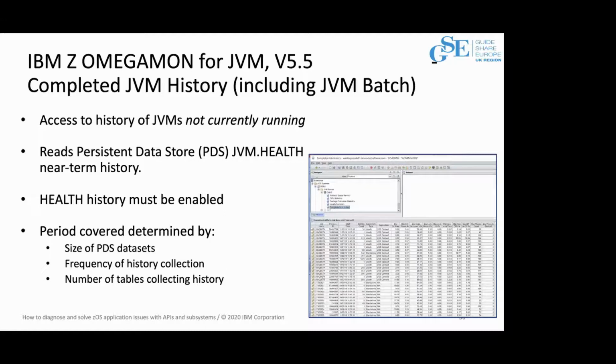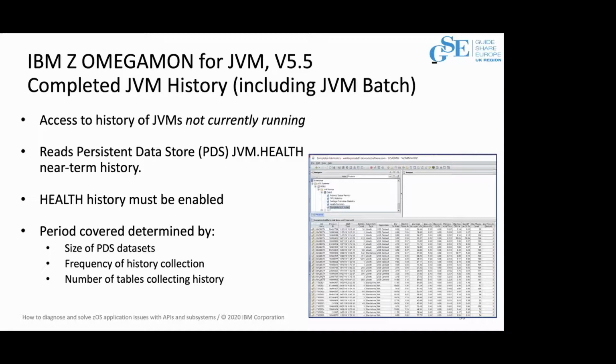You would need to enable near-term history. It must be enabled, and the documentation tells you how to do that, if you're aware of the Tivoli data warehouse and how those options work. The period covered is determined by the PDS data sets. So if they're allocated small, then your history reports will be small as well.